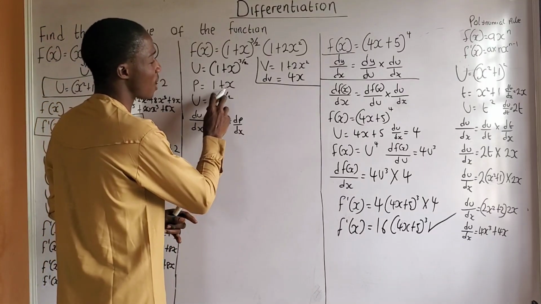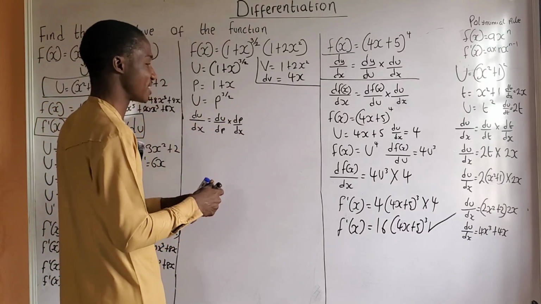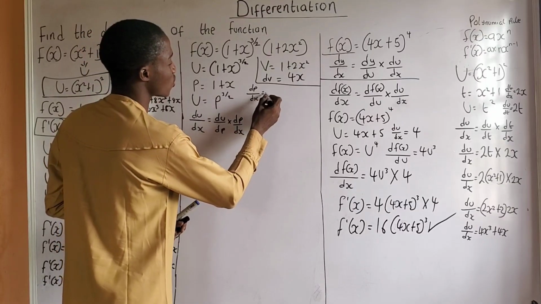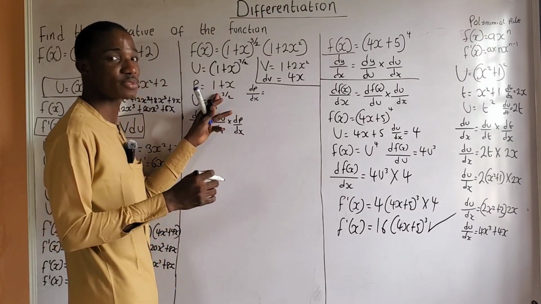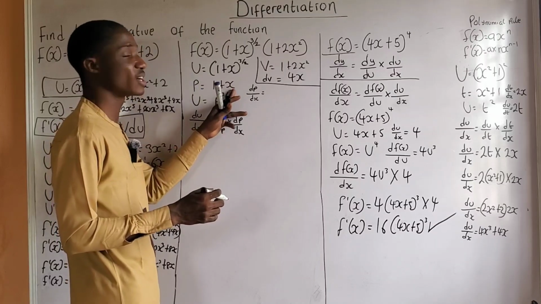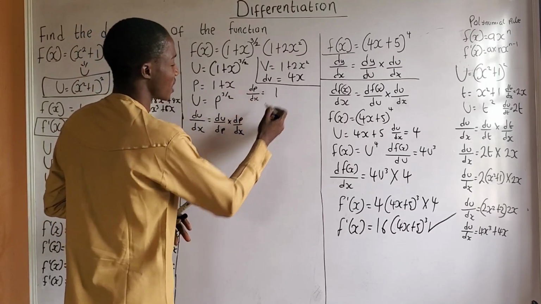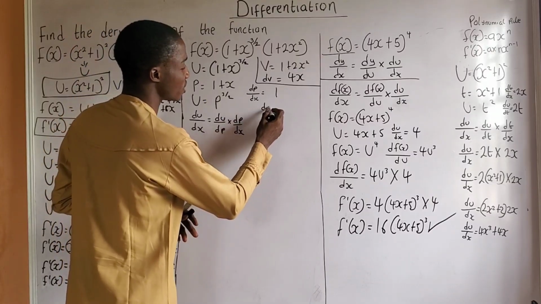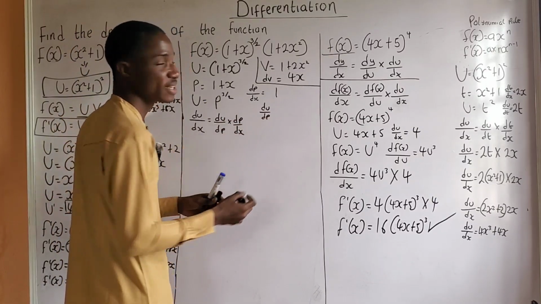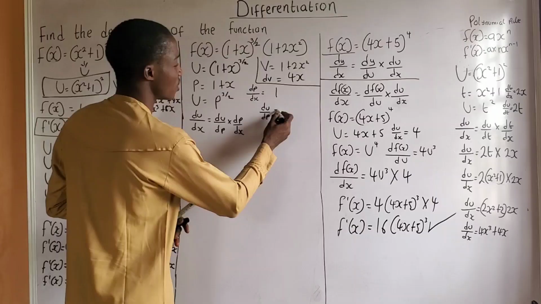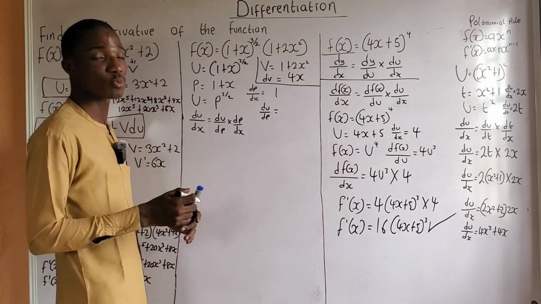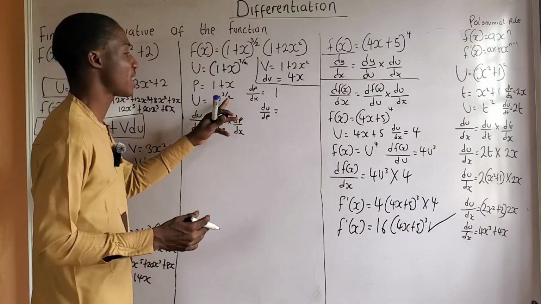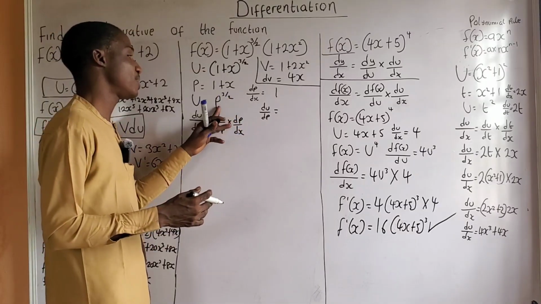Now, if p equals 1 plus x, let's look for dp over dx. dp over dx will be equal to, differentiate 1, you're going to have 0 because 1 is a constant. Differentiate x, you're going to have 1. Okay. Now, let's look for du over dp. The derivative of u with respect to p will be equal to, now, don't forget, according to polynomial rule that we learned in the beginning of this class, you're going to multiply the power to which the p is raised to.